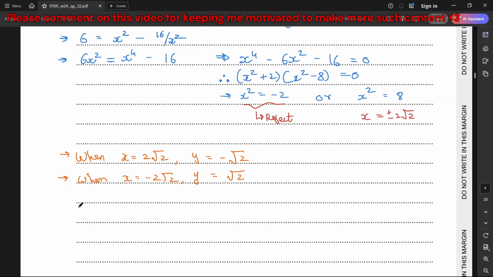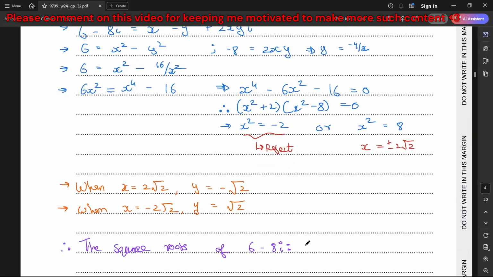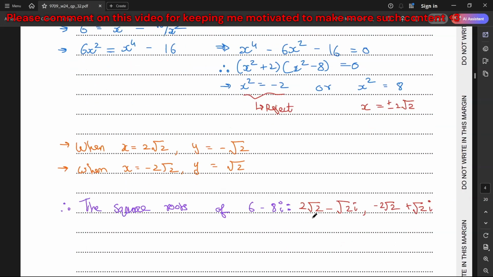That the square roots of 6 minus 8i are, I hope 6 minus 8i was there, yes, okay, and they are 2 root 2 minus root 2i and minus 2 root 2 plus root 2i. So one is the positive square root, one is the negative square root, and that is how you're going to get the answer.